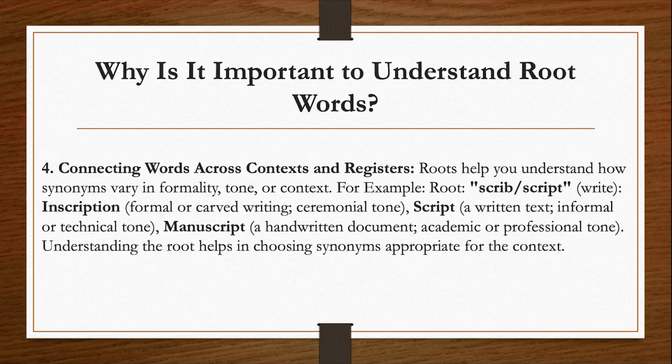Register is a type of language that is spoken in a particular context. When we study types of languages, for example, we have a dialect. So what is a dialect? Dialect is a type of language which is spoken in a particular region. The scope of dialect is much lesser than that of a language, and dialect is not in a written form.